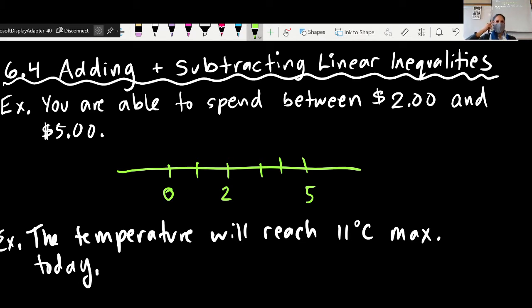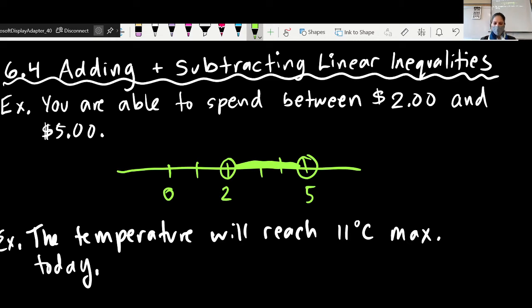This is just a matter of translating the words. If it says you are able to spend between $2 and $5, I know I'm going to draw a circle at $2 and a circle at $5. It's saying in between, so I would attach that or color that in.